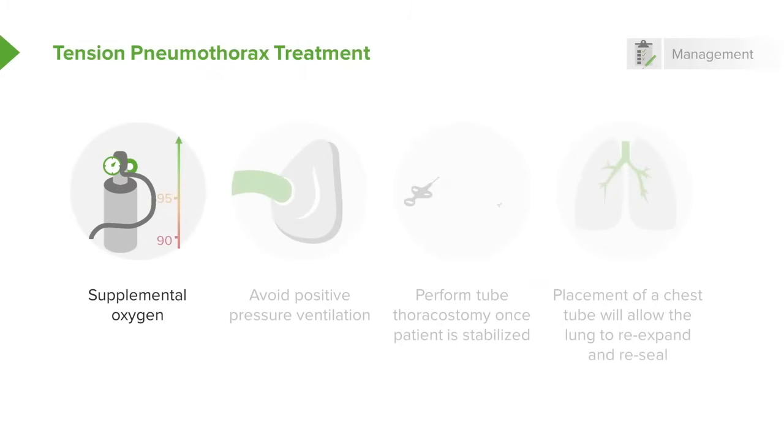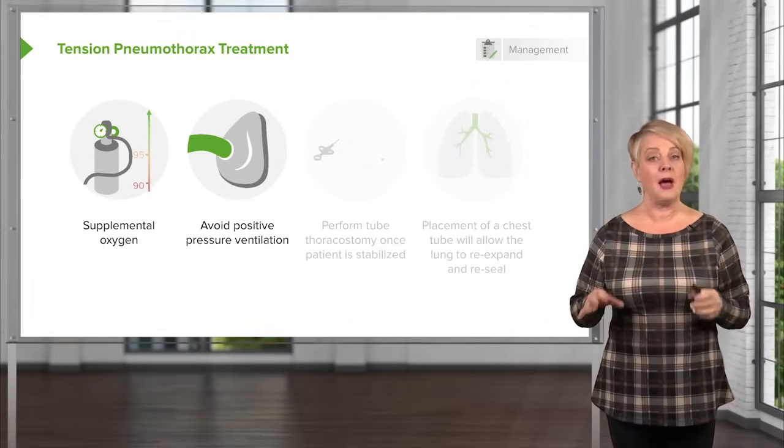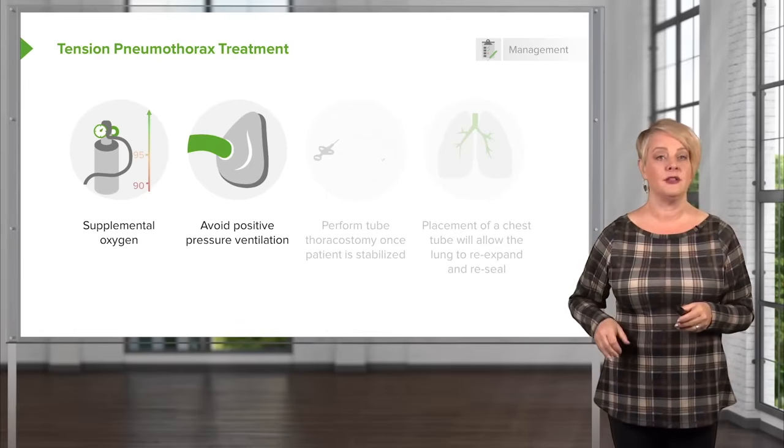In addition to needle decompression, there are other elements of treatment that you want to perform. Of course, you want to give these patients supplemental oxygen to help decrease their respiratory distress and ensure that they're not hypoxic. You want to avoid positive pressure ventilation until such time as you've addressed the tension pneumothorax. Because as you can imagine, when we put a patient on positive pressure ventilation, we are actually pushing air down into their lungs.